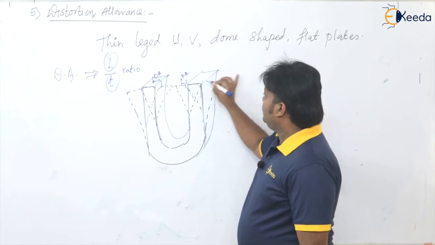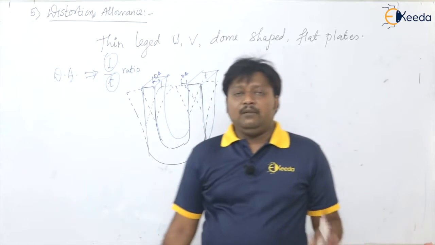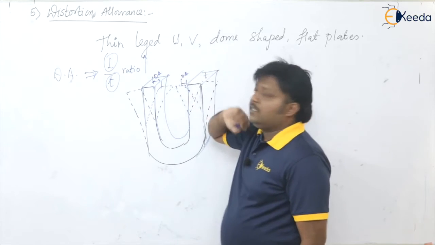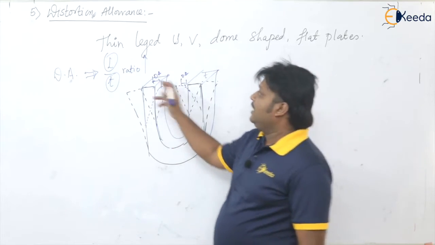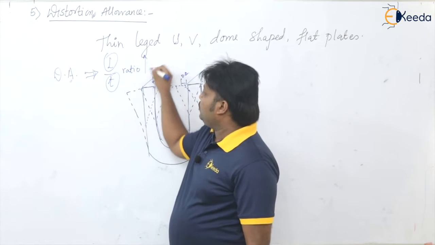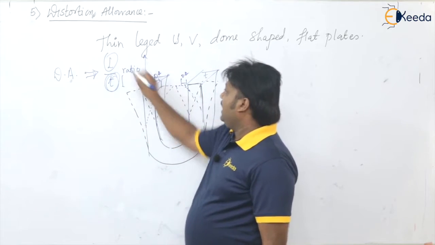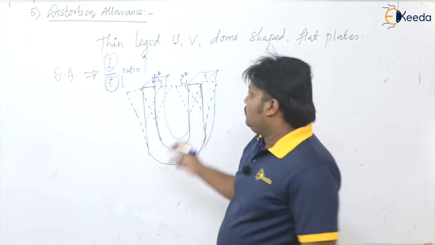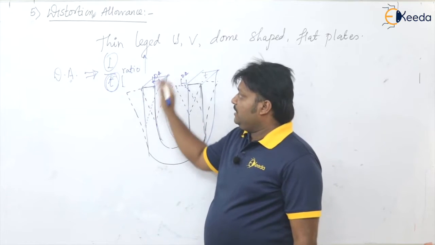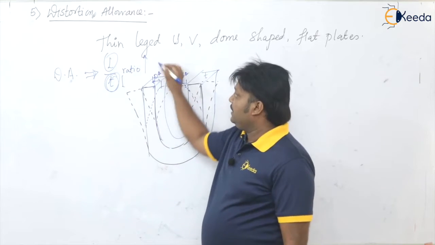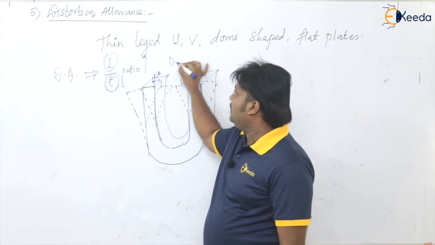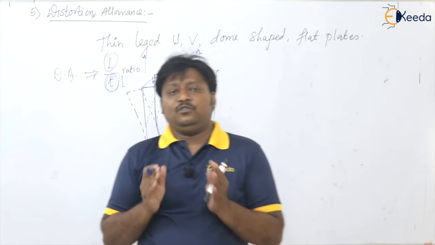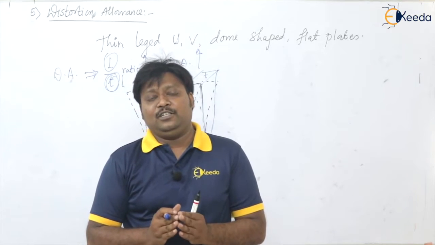As the L by T ratio is more, the distortion is more. When this ratio is maximum, the thickness is minimum and the length is maximum: thin-legged components. So distortion allowance basically depends upon this L by T ratio. As L by T ratio increases, distortion allowance also increases. Understood? So this is about distortion allowance.